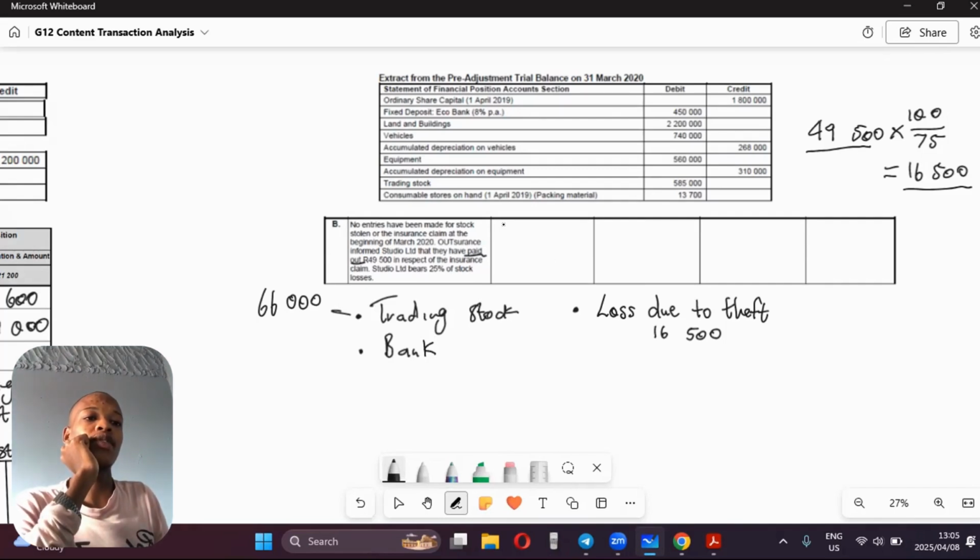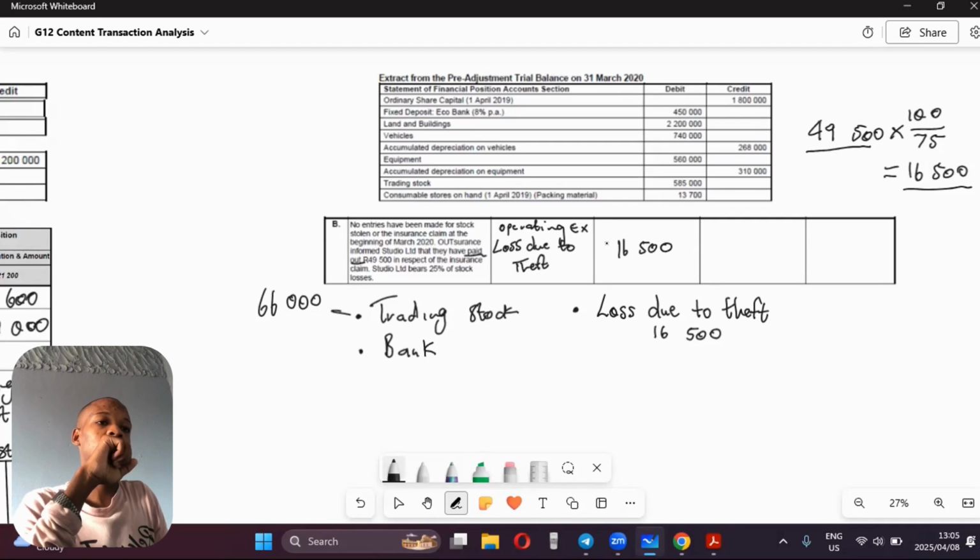So loss due to theft is an expense, so it's going to fall under operating expenses, and then it's loss due to theft. And then how much is it? It's going to be 16,500. So operating expenses, we will add 16,500.